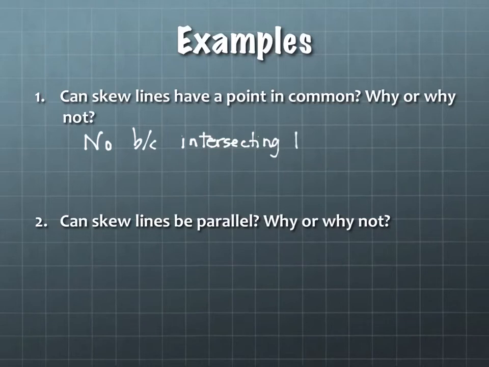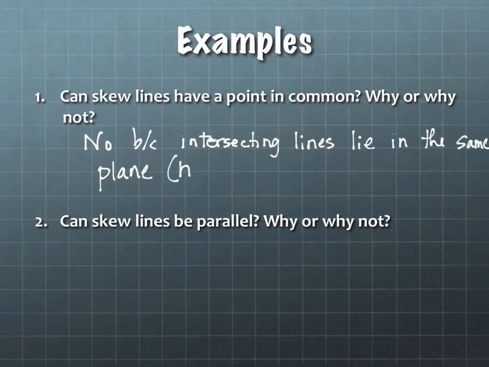So intersecting lines lie in the same plane. Some plane, right? They lie in the same plane. And if they lie in the same plane, they're not skew.